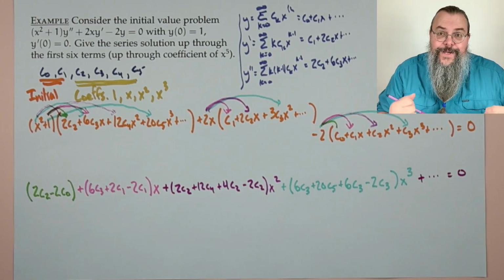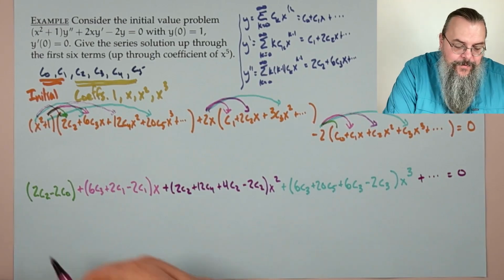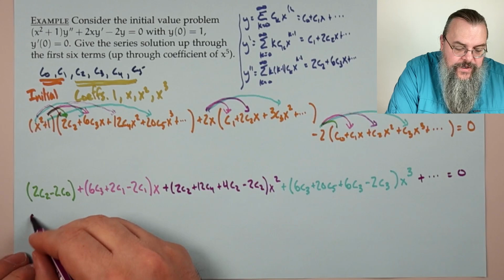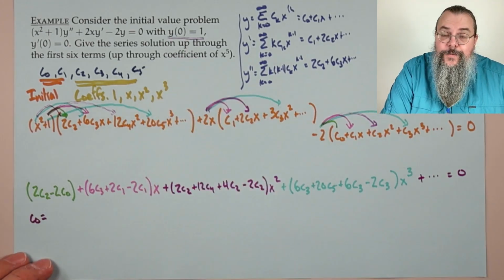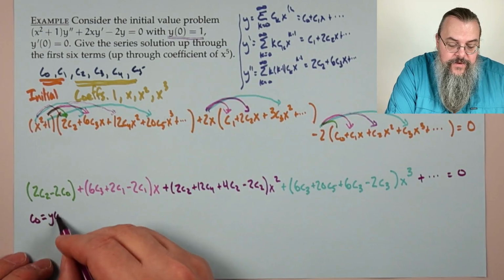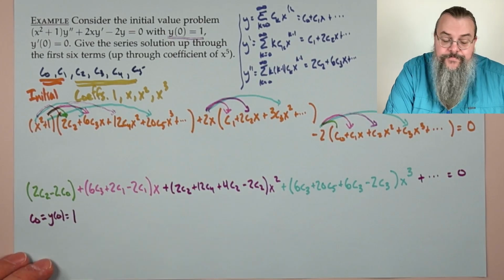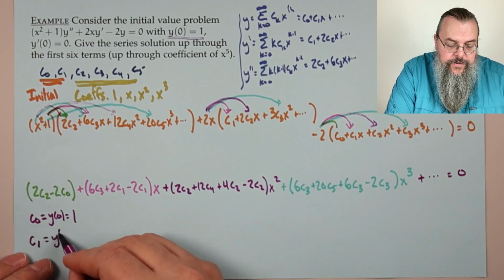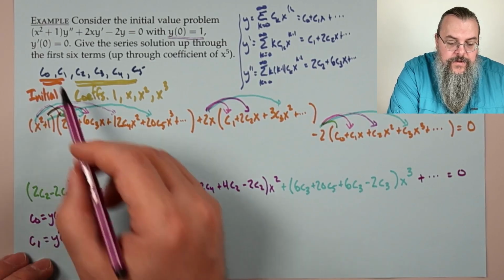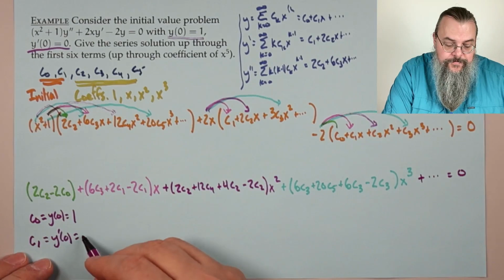So here we go. Let's start with the ones we know. C0, that's initial condition 1. That's your y of 0. That's 1. C1, that's your y prime of 0, which is 0.